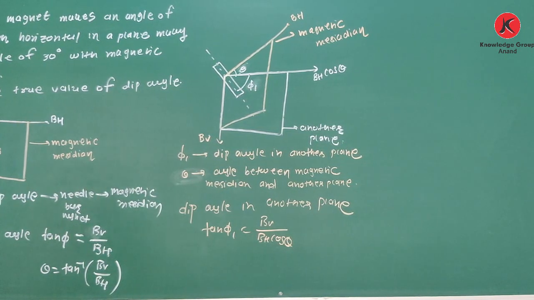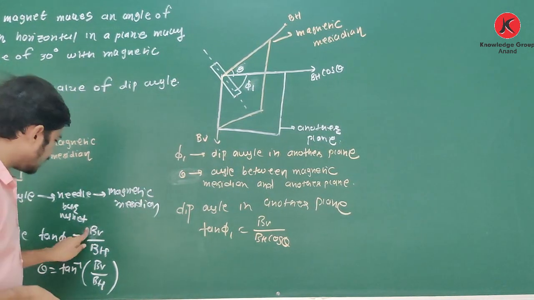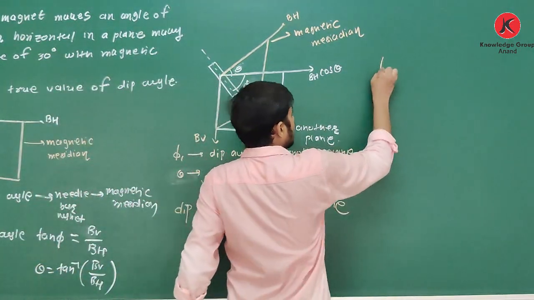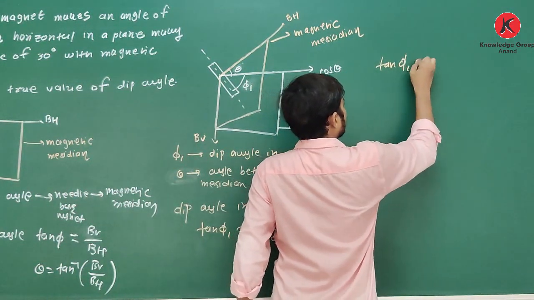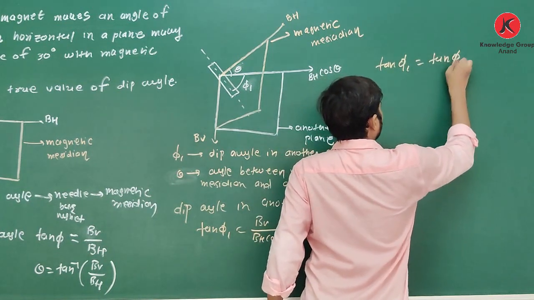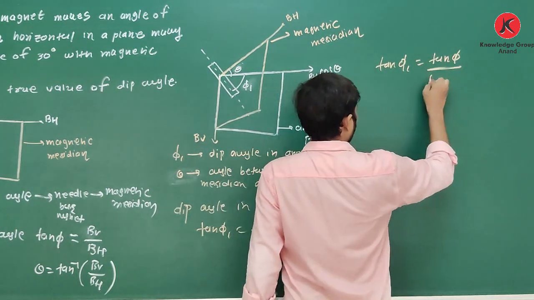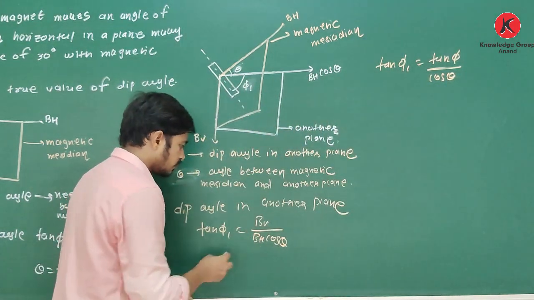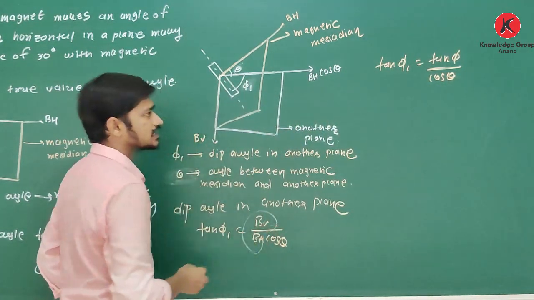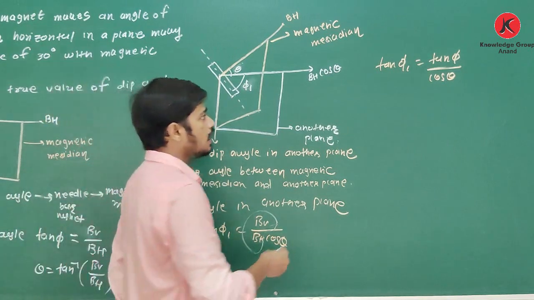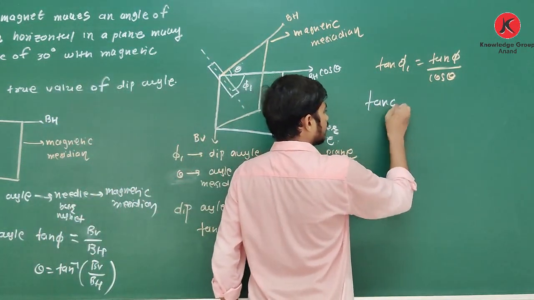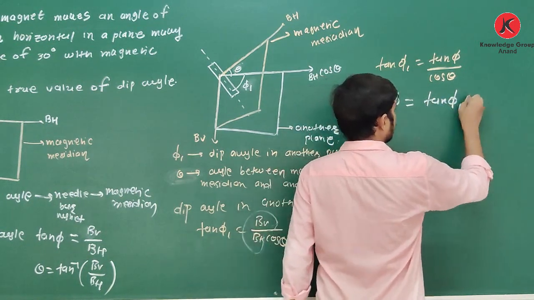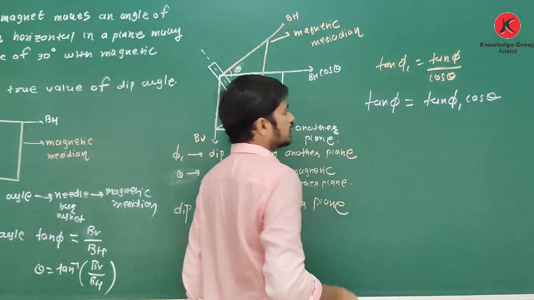But what is BB upon BH? BB upon BH is equal to tan phi, the true dip angle. So I can write tan phi 1 is equal to tan phi upon cos theta. So the true dip angle tan phi is equal to tan phi 1 cos theta.